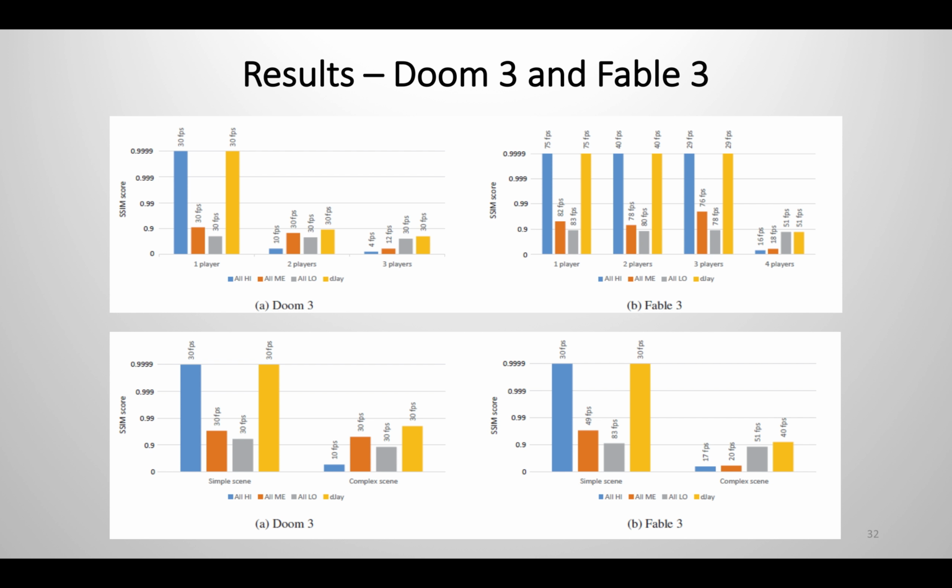And also we can see that the FPS that DJ was able to get is also 30 FPS, as in all the other settings. And as we move to more players, 2 players and 3 players, DJ is still maintaining the 30 FPS, but it also has a higher SSIM score due to it being able to handle these different changes in scenes and automatically changing all these settings that we mentioned in the previous slide.